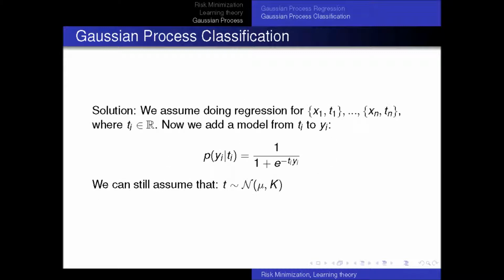So for example, this is K: K11, K12, K13. K12 is computed using that formula, where the x and x prime are replaced by x1 and x2. So it's a Gram matrix.